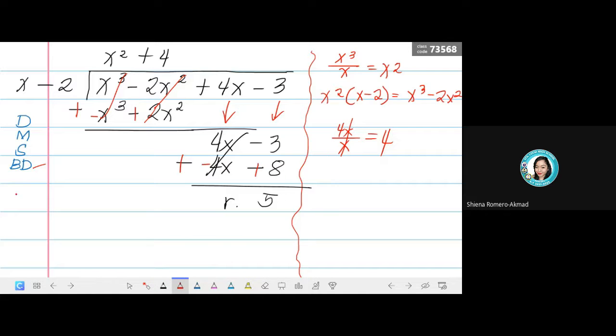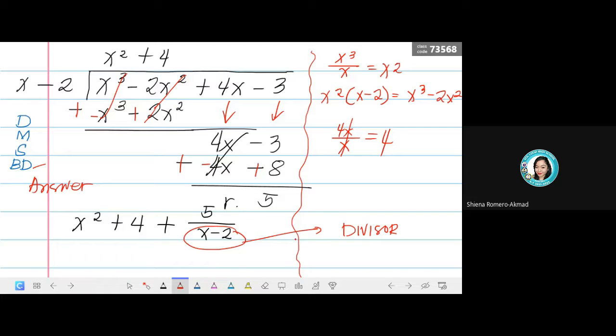Now, what will be our final answer? Ang magiging final answer natin is x squared plus 4 plus, di ba meron tayong remainder? And that is 5 divided by x minus 2. So, anong ginawa natin? Kinopya natin si divisor to be the denominator of the remainder.